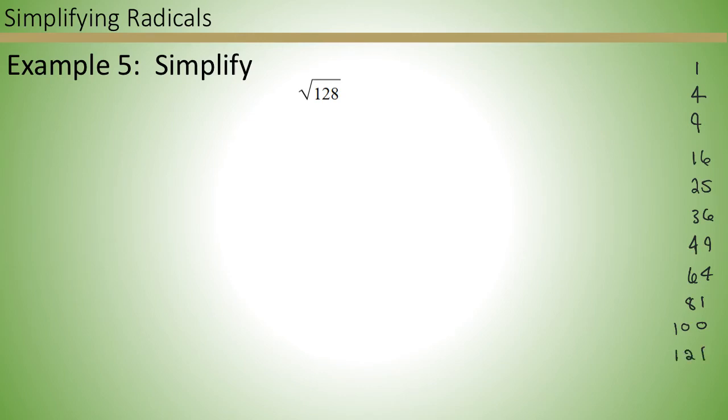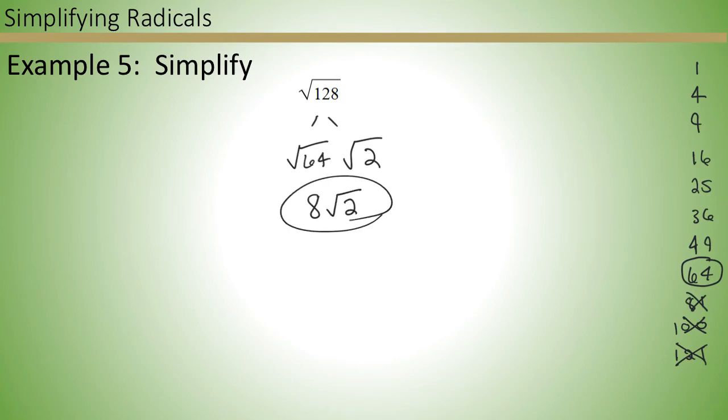Okay, so there's our list. 121 does not work here, 100 does not work, 81 does not work, but 64 does. So this will break apart as root 64 and the square root of 2. The square root of 64 is 8, so we get 8 root 2. And that is the simplest form of root 128.